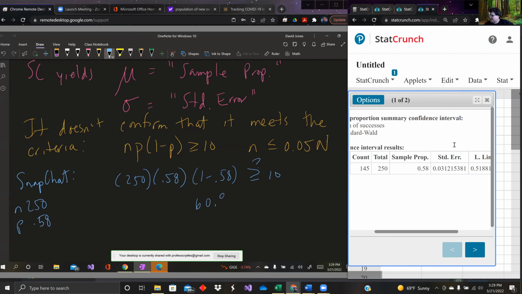This is 60.9, which is in fact greater than or equal to 10. And I can guarantee you beyond a shadow of a doubt that 250 students is less than 5% of all students that use Snapchat. How do I know? There's millions of students in the United States. So it meets that one.